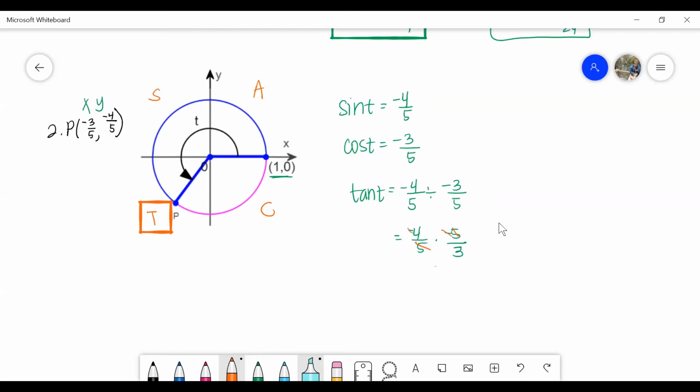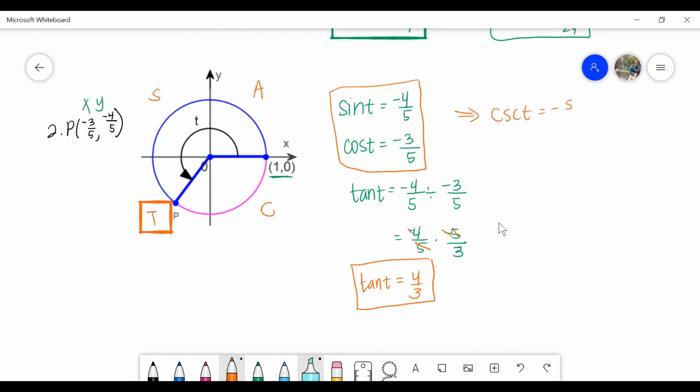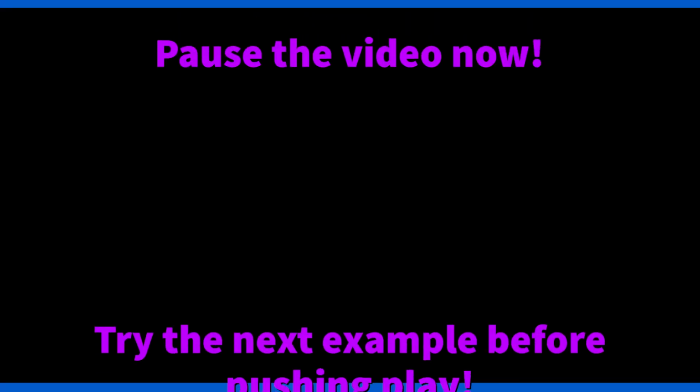So we're just left with tangent t is 4/3. We extend this to our reciprocals, so you've got cosecant t is -5/4, and you've got secant t is -5/3, so those two are done. And then last but not least, you've got cotangent.